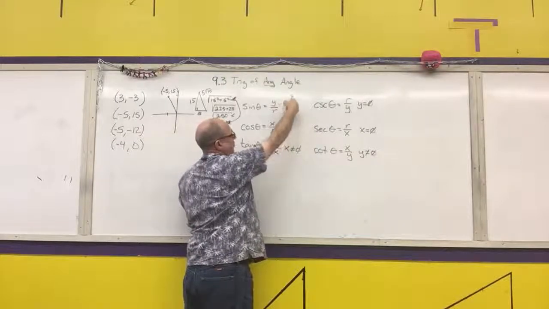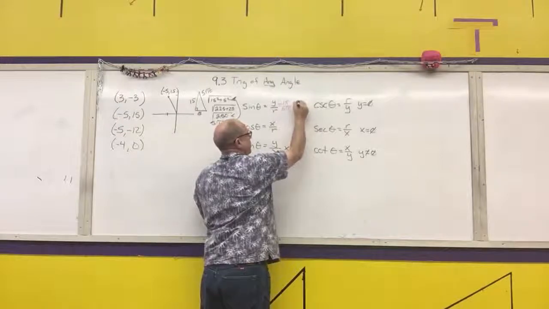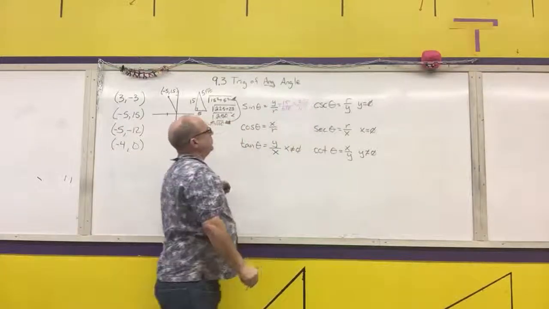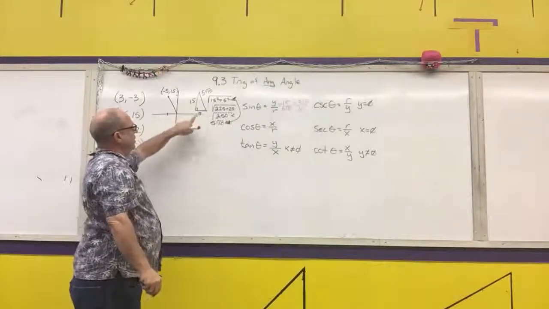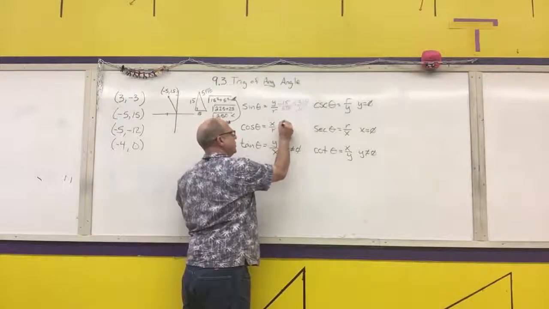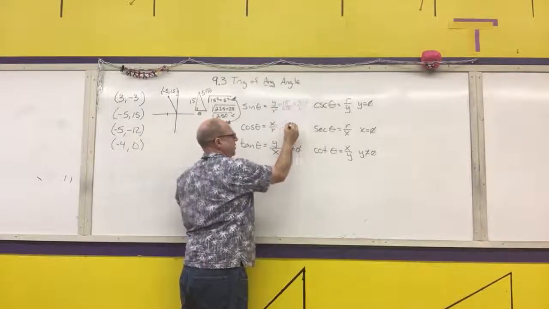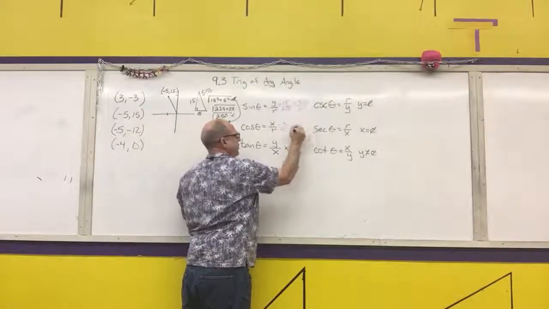So I'm going to end up with 3 on the top and a root 10 on the bottom. A quick simplification is 3 root 10 over 10. Next one is cosine, x over r, 5 over 5 root 10, which is 1 over root 10, which is the square root of 10 over 10.